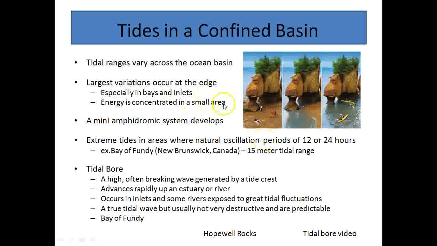So the largest occur at the edges, especially in bays and inlets, where the energy is concentrated in a smaller area. A mini amphidromic system develops within those types of areas, and that's why we end up with extreme tides, like what we see over in the Bay of Fundy.